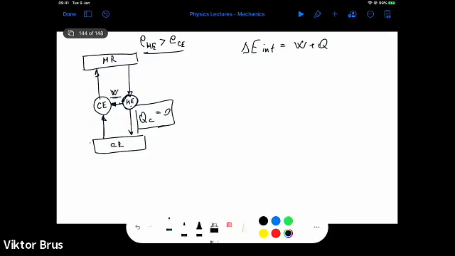And if we need a cyclic process to come back to the initial set of parameters, we cannot realize such, because we cannot just come back by the same path to the initial set of parameters.